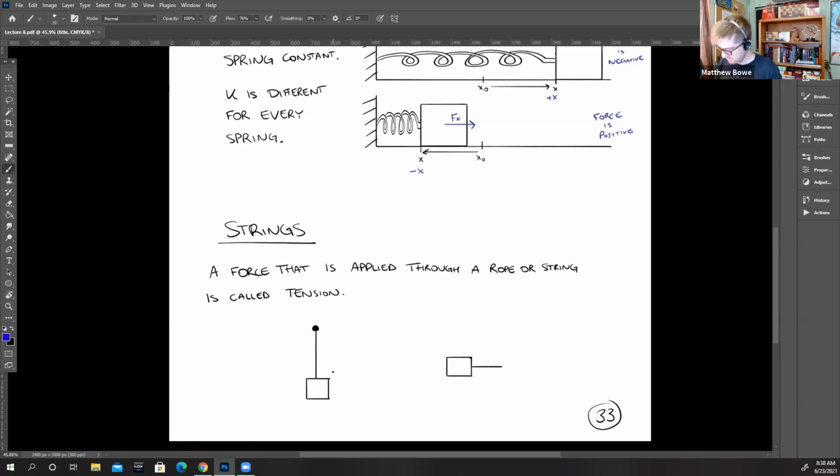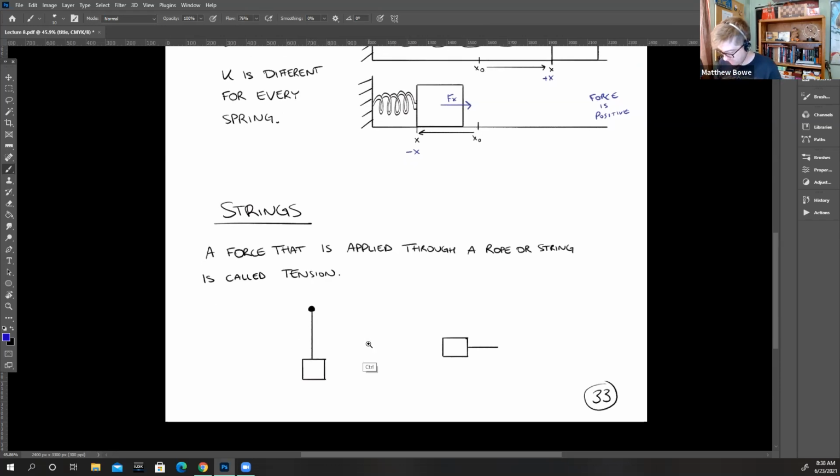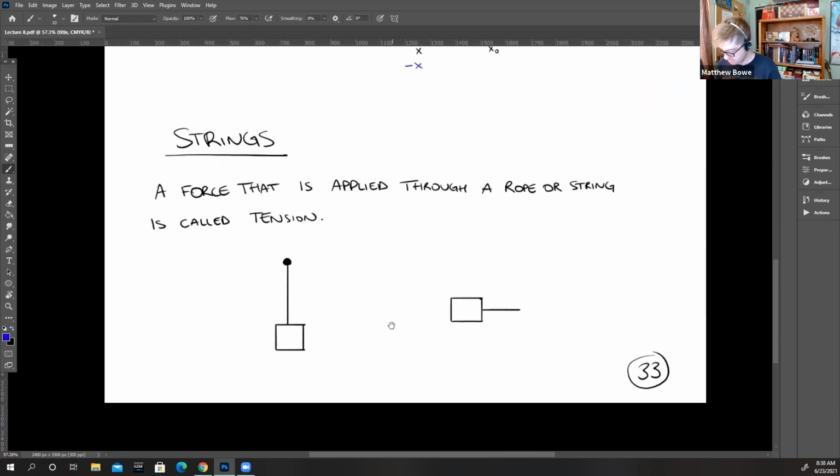There is this mass on the left that is hanging from a string, and tension is just the definition of the force going through that material of the string or the rope. So tension is in the direction of the string.